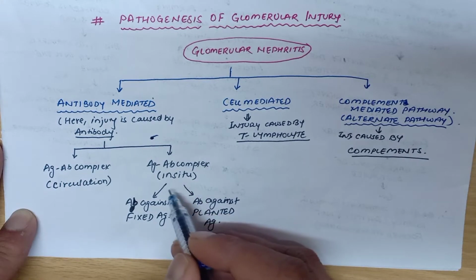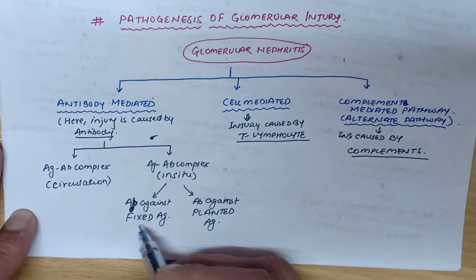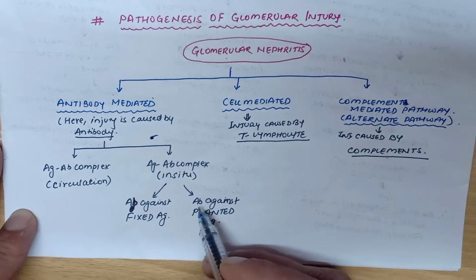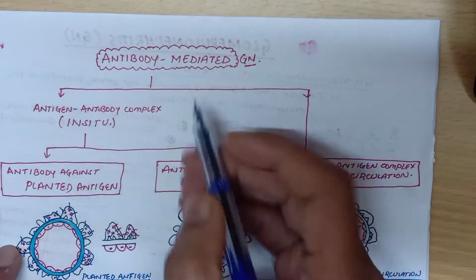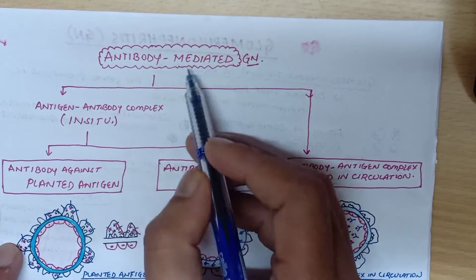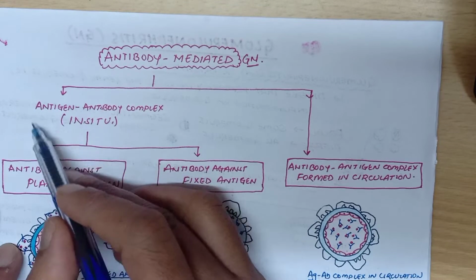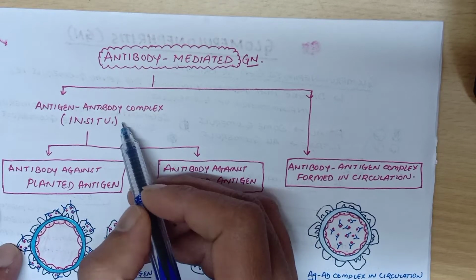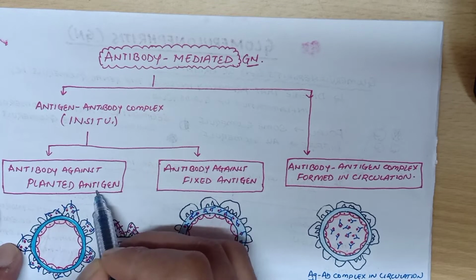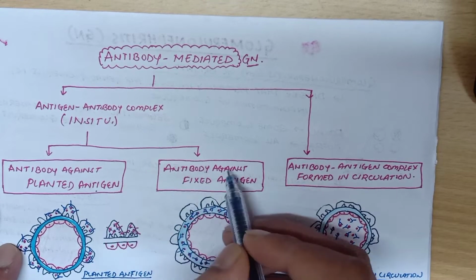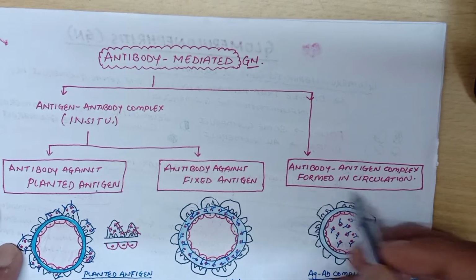And inside the kidney, whether the antibody is forming against a fixed antigen or against a planted antigen. So as we said, antibody mediated glomerulonephritis can be either due to antigen antibody complex being formed in situ inside the kidney, which can be either antibody against planted antigen or antibody against a fixed antigen, or whether the antibody is forming in circulation.